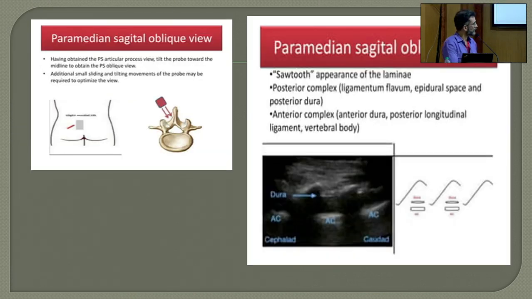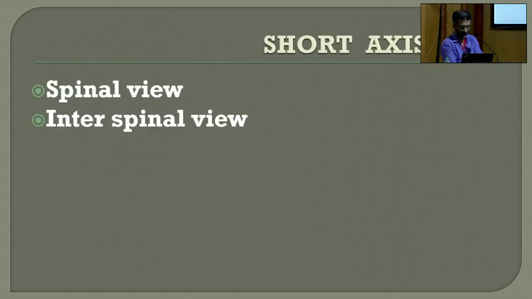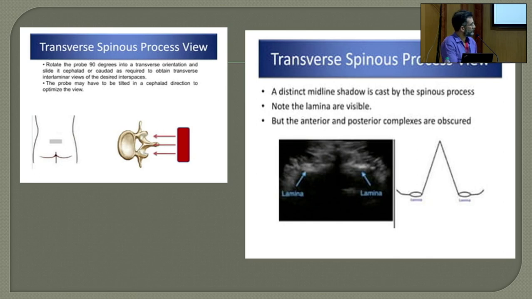Again, once the sound waves travel from the lamina, this is the anterior complex, this is the posterior complex, this is the epidural space, this is your CSF. This is the short axis view, right on the spinous process, lamina, and the transverse process.